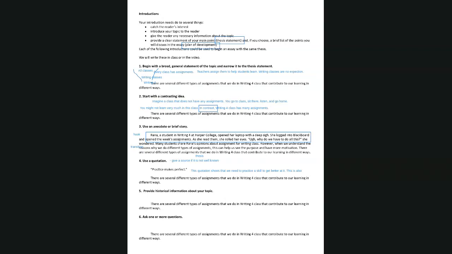There are several different types of assignments that we do in writing for class that contribute to our learning in different ways. Okay, so this is a good way to use a quotation. Maybe you want to use a quotation in your essay. Don't spend 2 hours trying to find the perfect quotation, because it will drive you crazy.